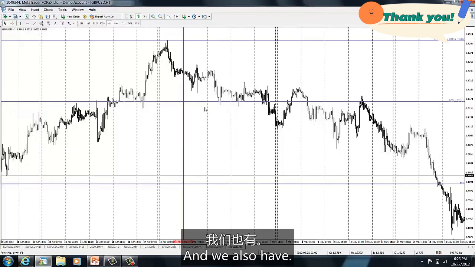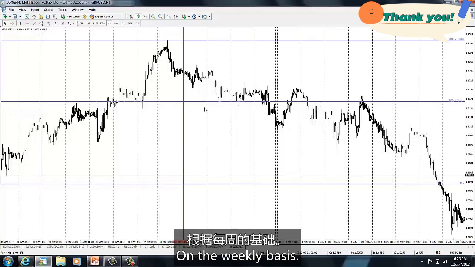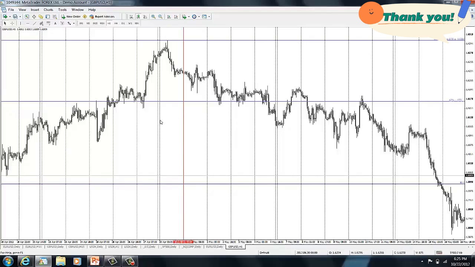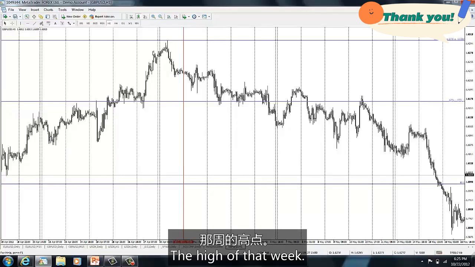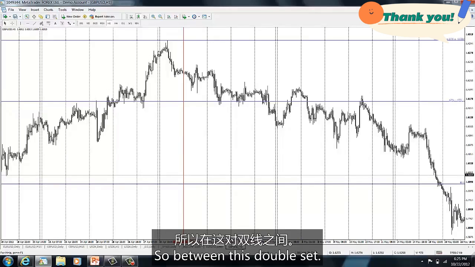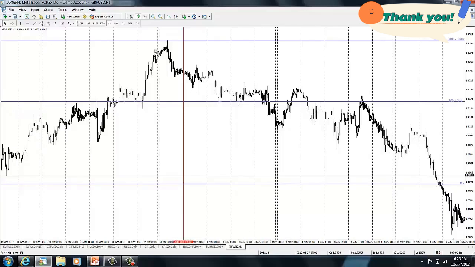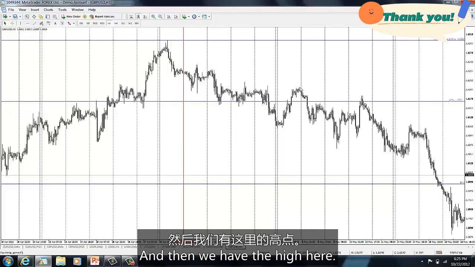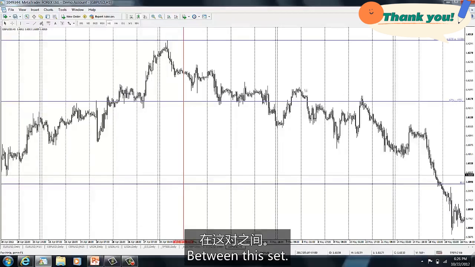We also have a higher price swing point on the weekly basis. See these double lines here and here and here? We have the high of that week: between this double set and this double set, the high is here. Then we have the high here between these two, and then the high here between this set and this set.